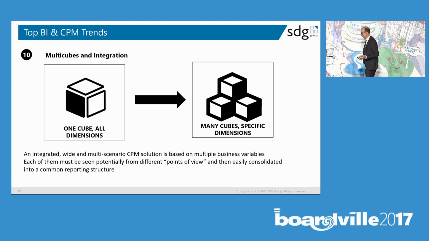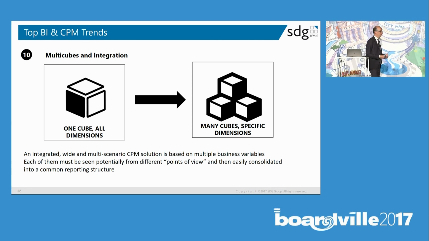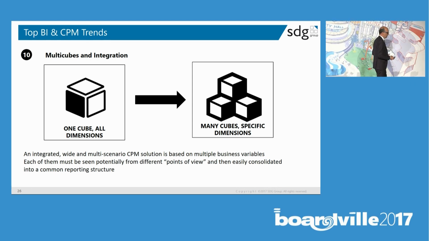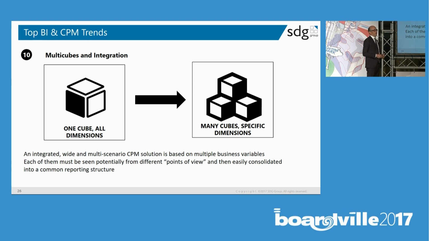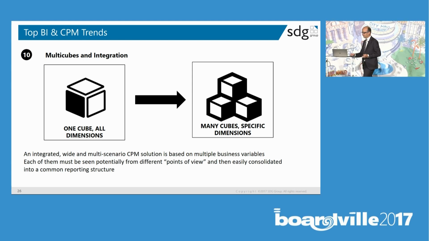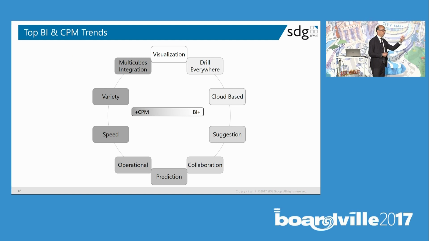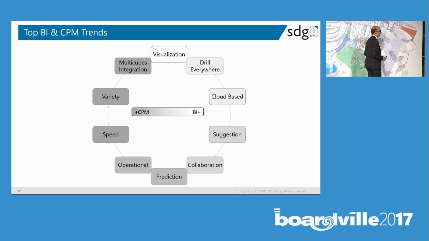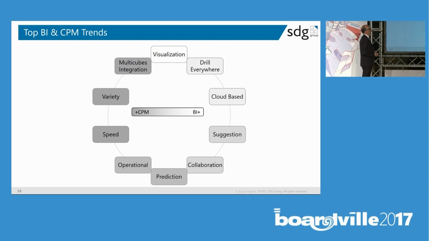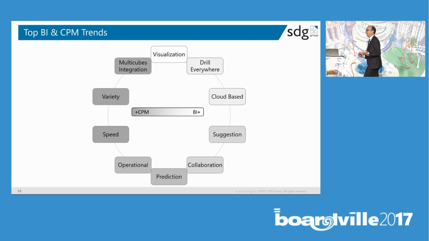And how is the coverage grade of Board capabilities for this trend? I'm finishing. Very high, really very high. If we put numbers on each of these trends, you can see that the coverage of Board is 5 stars out of 5, or at least 4 stars out of 5.